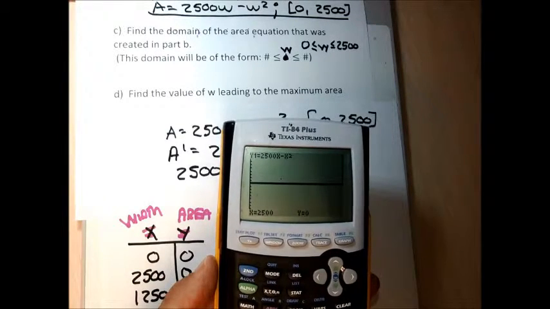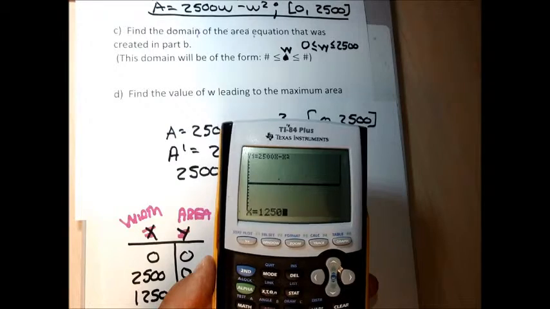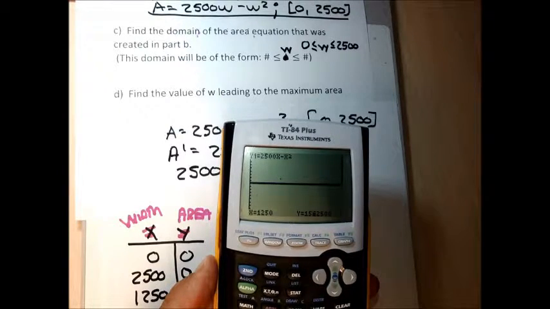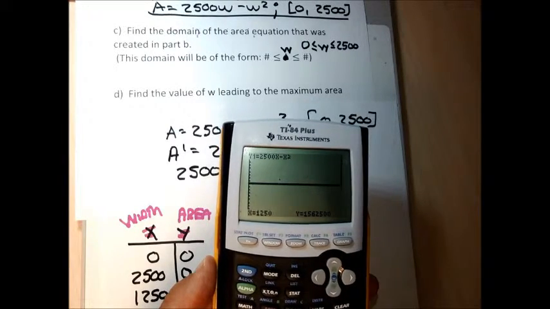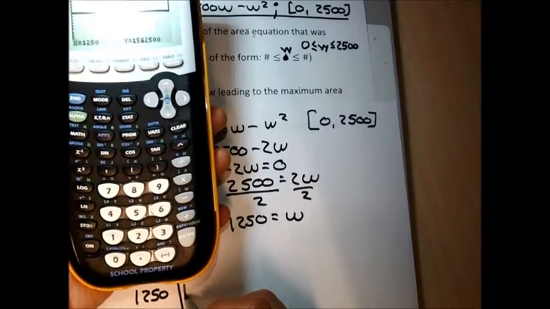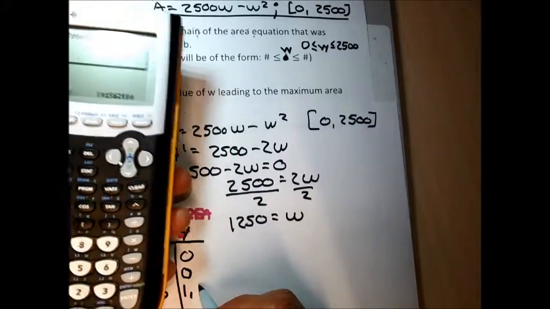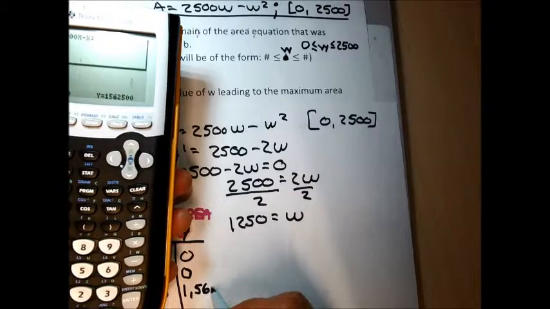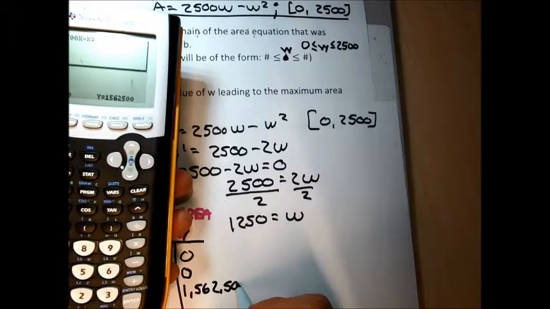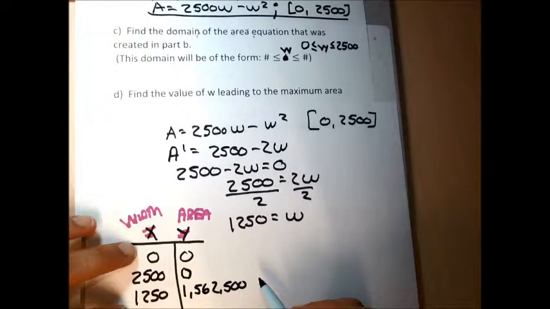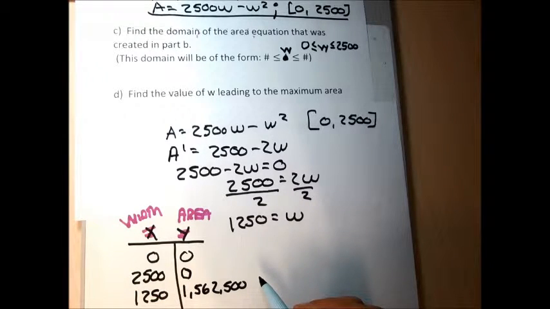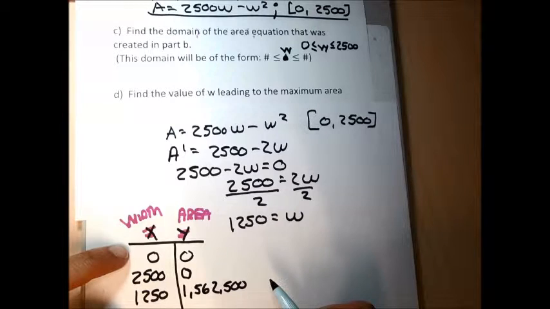And then the last one, when I plug in 1250, I get 1,562,500, and that's square meters. I just figured out that I could do all these values at once without having to keep going second calc value. So I look at my table here.